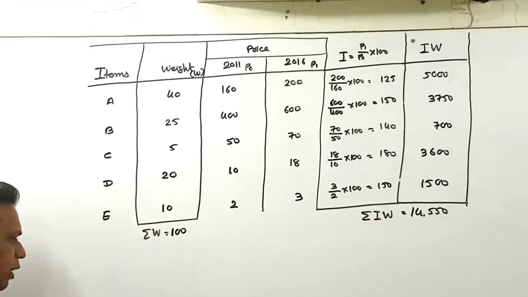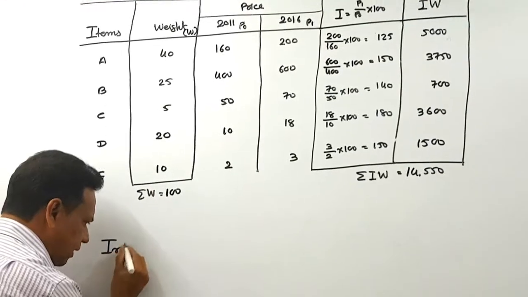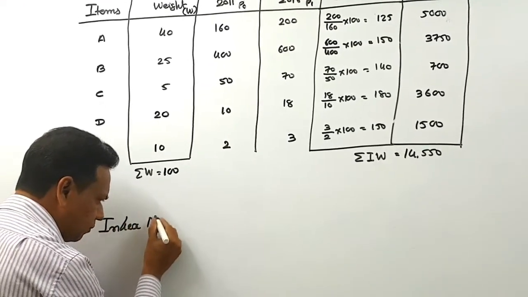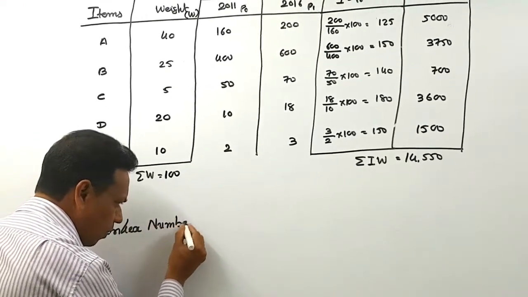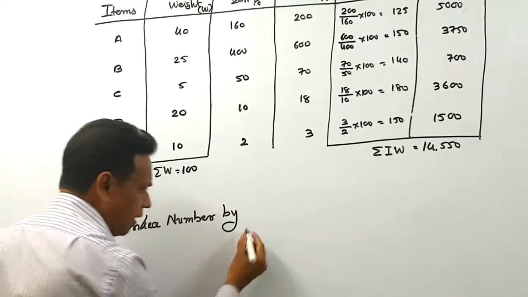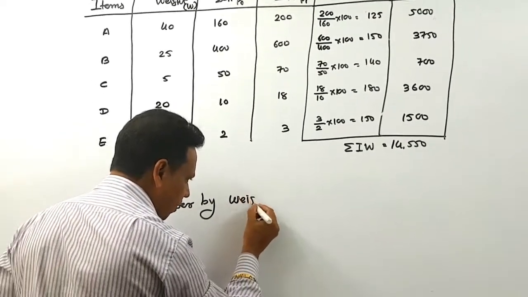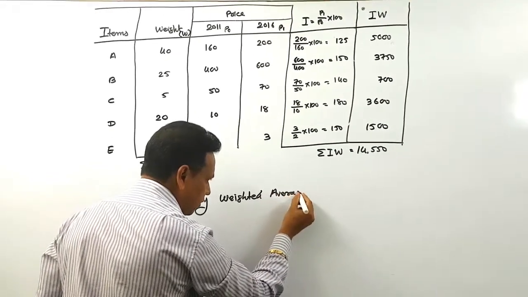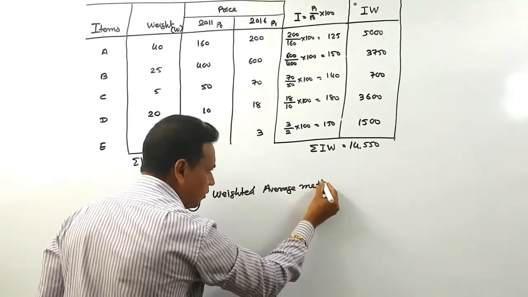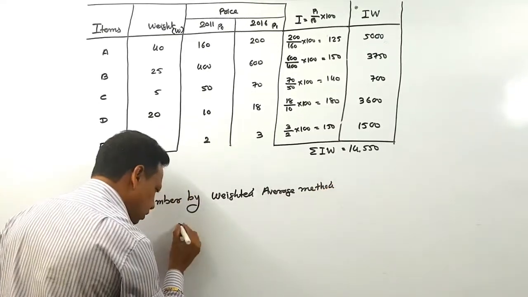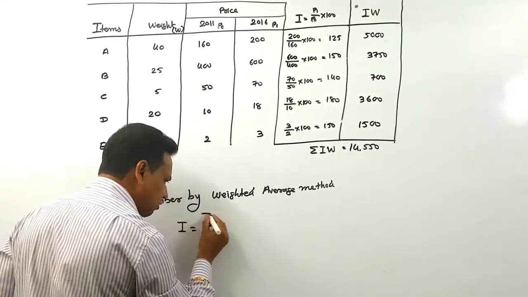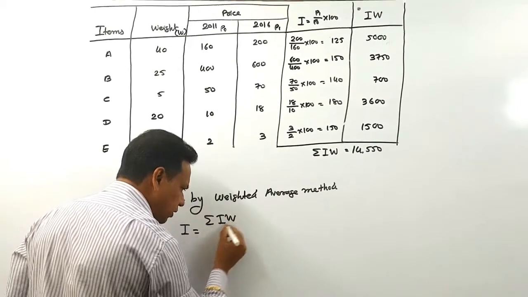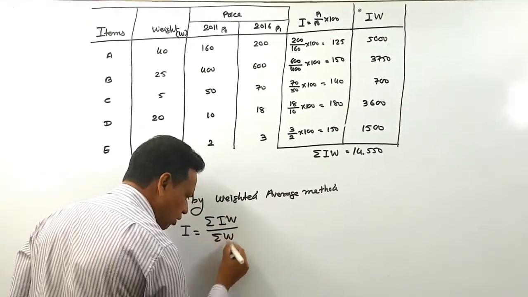So now below the table we have to write: index number by weighted average method, and the formula we have is I equal to sum of IW divided by sum of W.